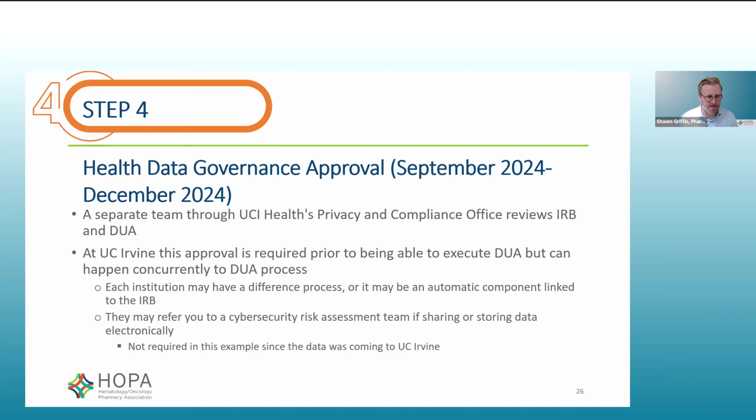I just had to submit a copy of my DUA and a copy of my IRB. And they had a different committee review it, asked me a couple of questions, and ultimately approved it. But then once they approved it, they told me that I also needed a cybersecurity analysis. Thankfully, in this case, it wasn't required because all the data was coming to UCI.